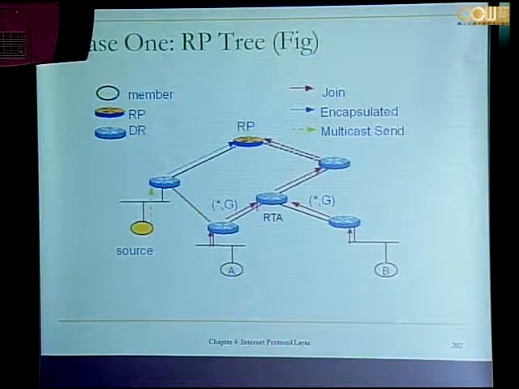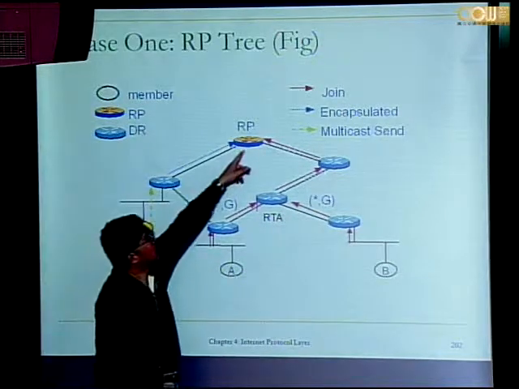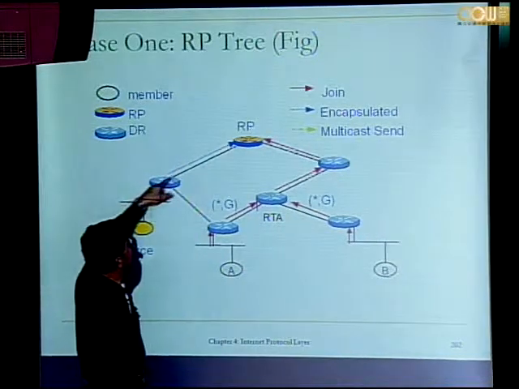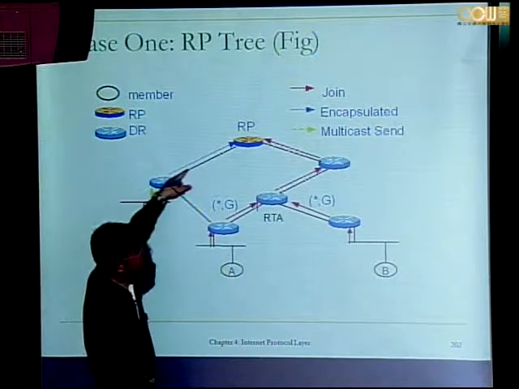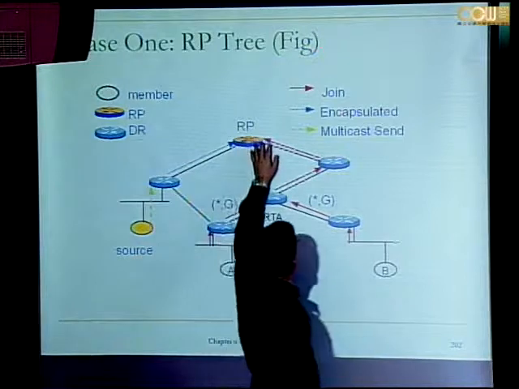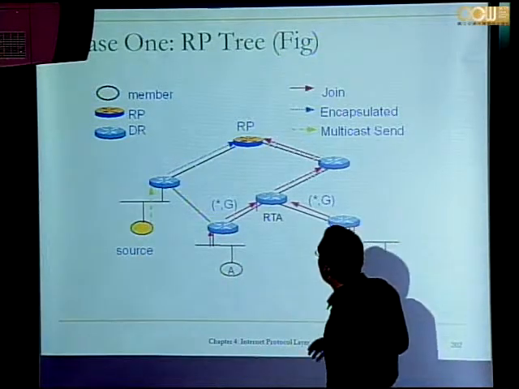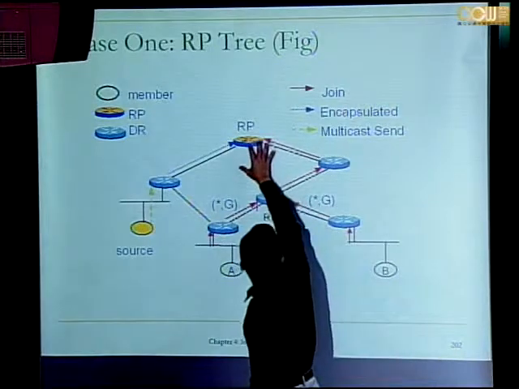The original IP packet has a destination IP address of a class D address, and you put another IP header with a destination IP address of this RP. So the packet is sent in an IP-in-IP tunnel to this RP, and then this RP would decapsulate.